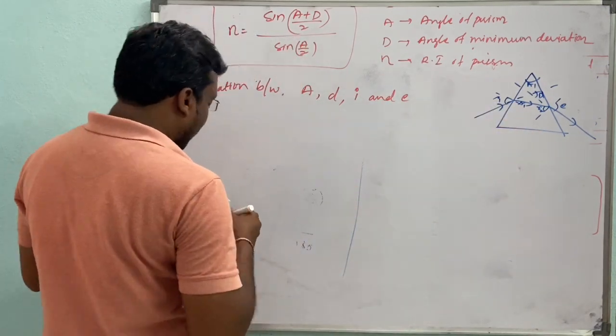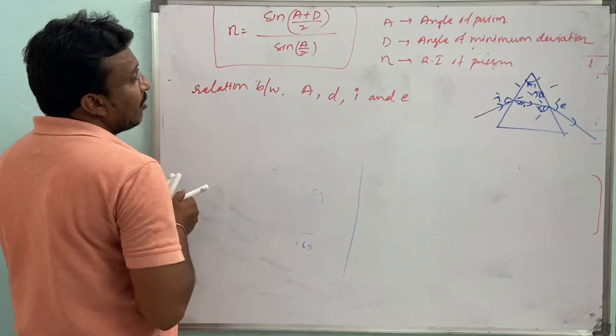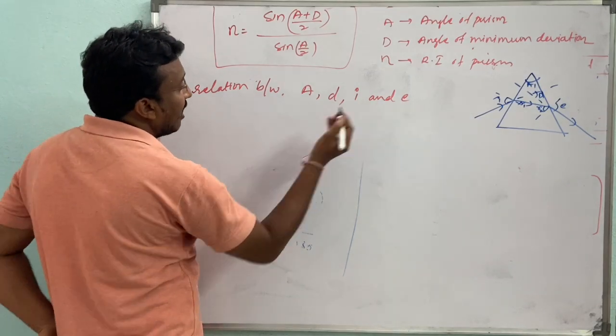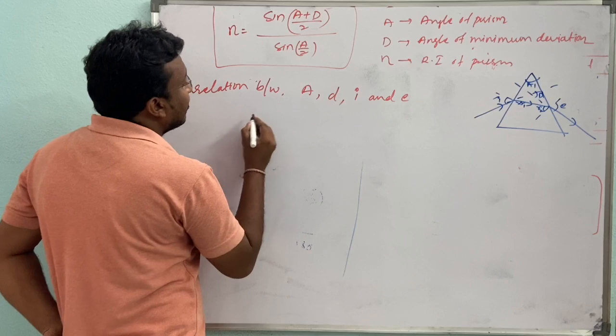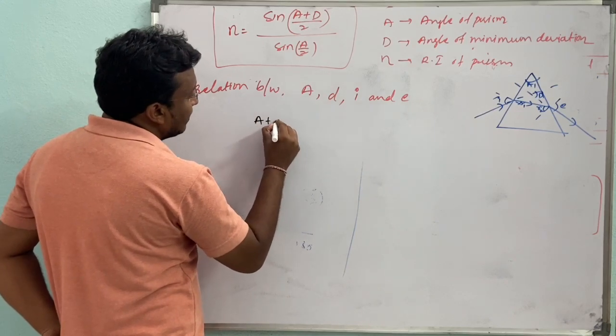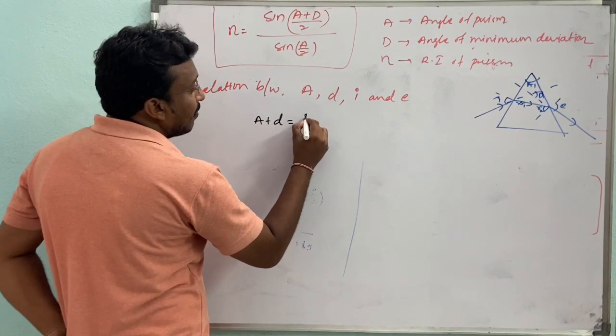Then the relation between angle of prism, angle of deviation, angle of incident and angle of emergent is A plus D equal to I plus E.